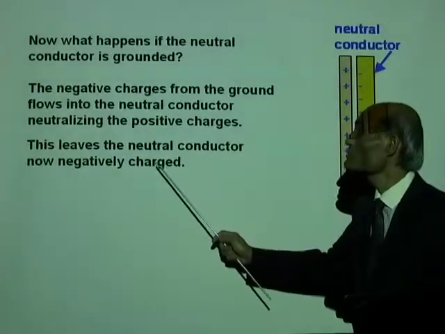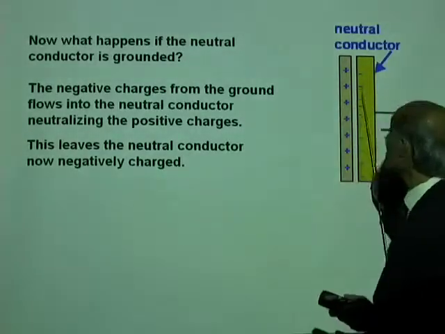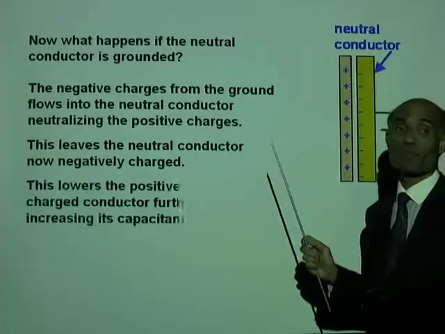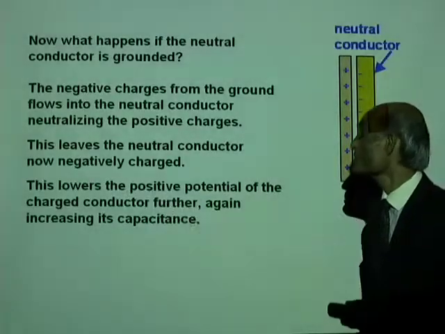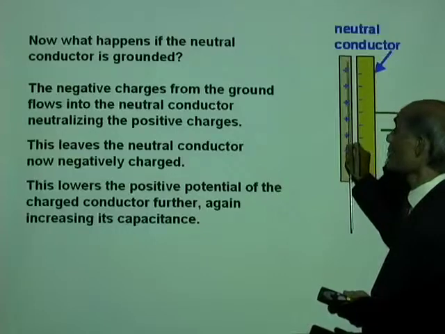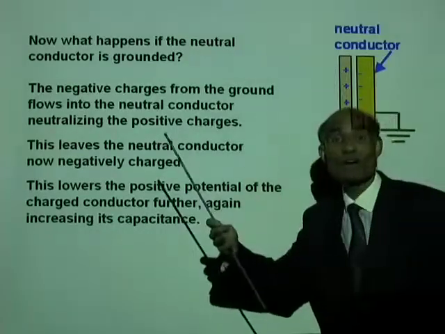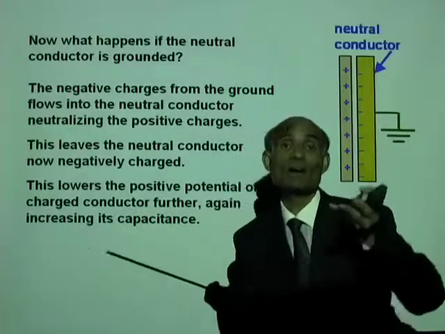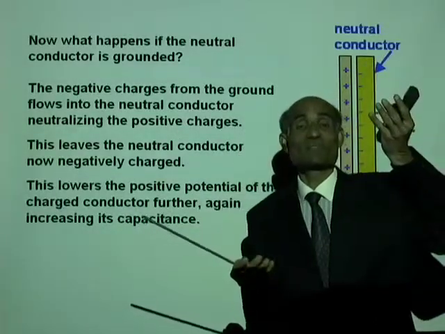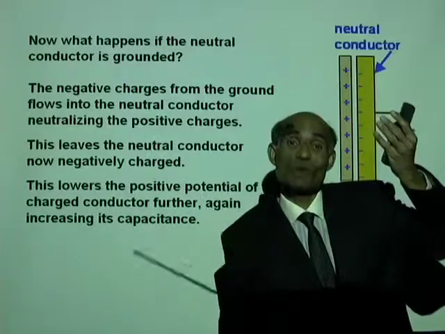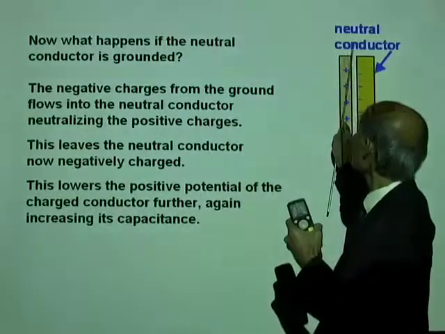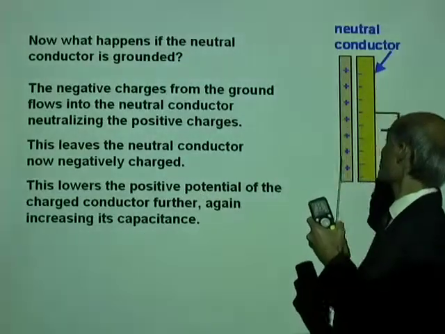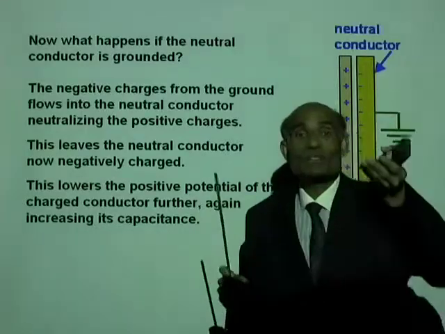This leaves the neutral conductor now negatively charged. Now this lowers the positive potential of the charged conductor further. That means if you lower the potential, you are increasing the capacitance. You see that? Every time you lower the potential without changing the amount of charge on it, you are increasing the capacitance.